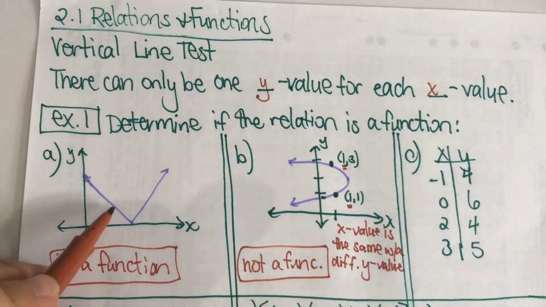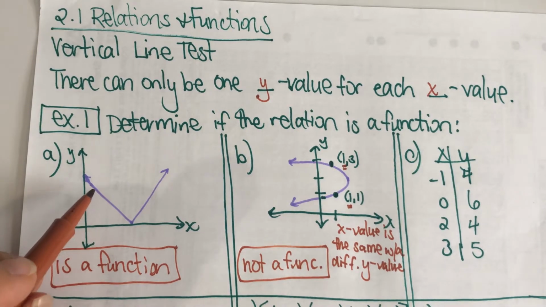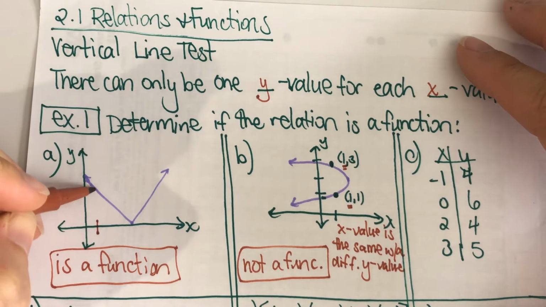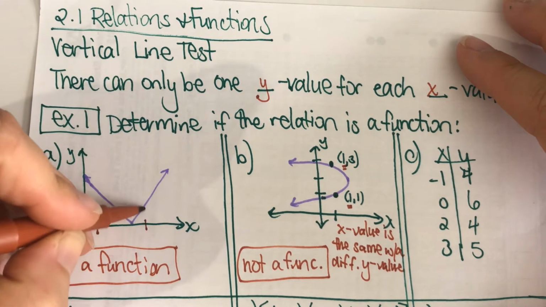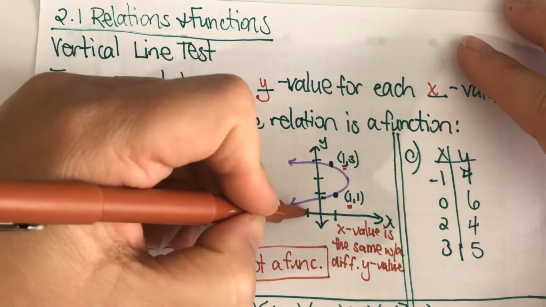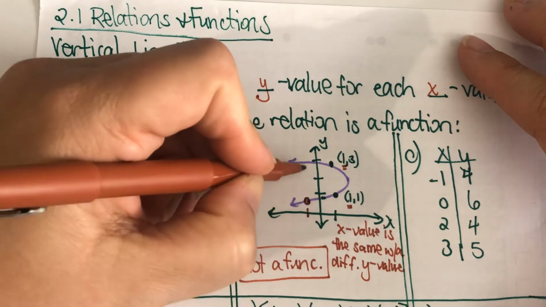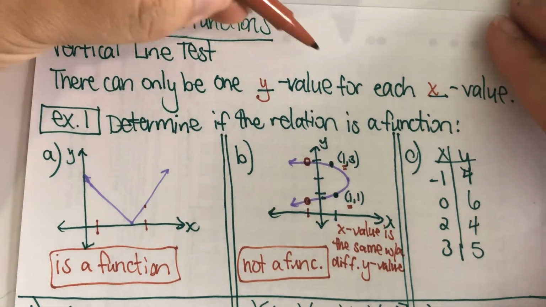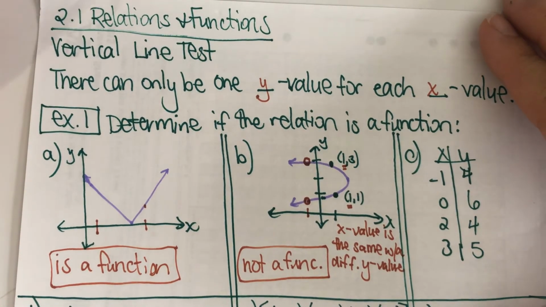So if you look here, each x value has its own y value. If I mark any x spot, I go up, there's only one y value that connects to that. Any x value, I go up, there's only one y value that connects. If I go over here and I pick an x value, I have two y values, and that's why it fails. So one y value for each x value, okay?